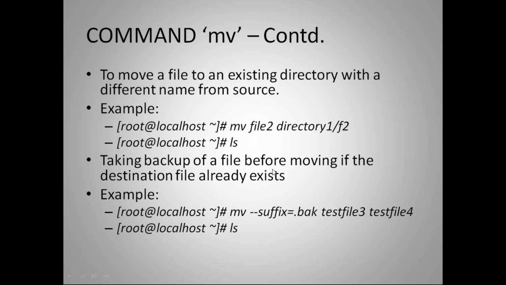If I say yes, you can override, then it will first take the copy of the destination file and later move the source file to the destination file. So backup is there and new content is also moved. Old content is there, new content is there, data will not be lost.